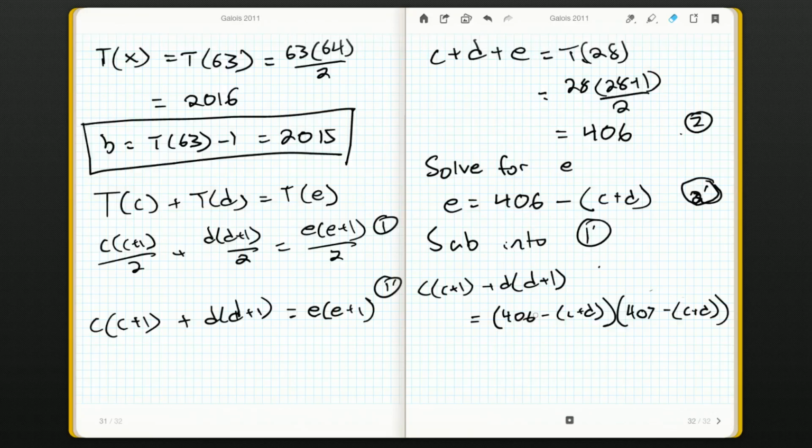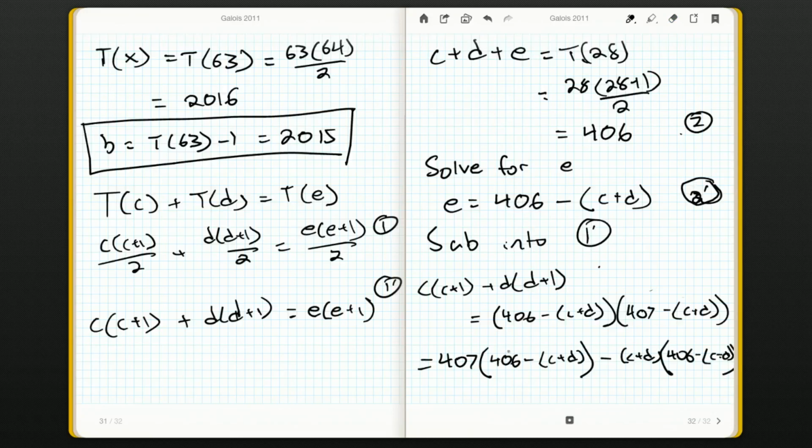So I think I should probably expand this out. So we're going to say 407 minus (c plus d), times 406 minus (c plus d).